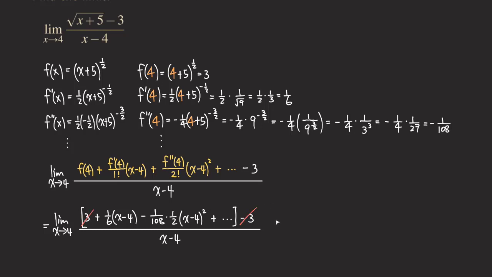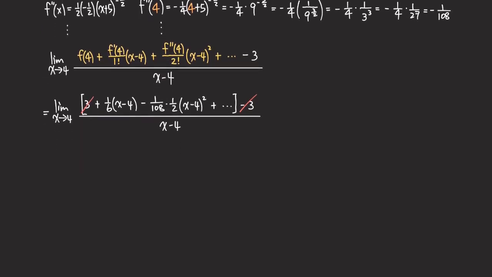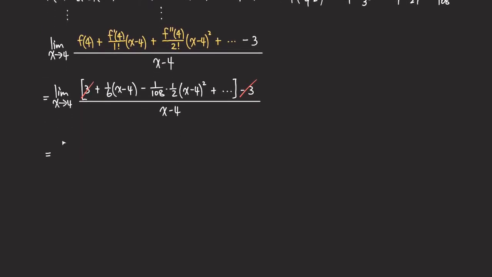So now what really happens is that we are just left with all those terms, and all those terms have a factor of x minus 4. This one has x minus 4 to the first power, that one has x minus 4 to the second power, and then the third power, fourth power, and so on. So now we can factor out the x minus 4.